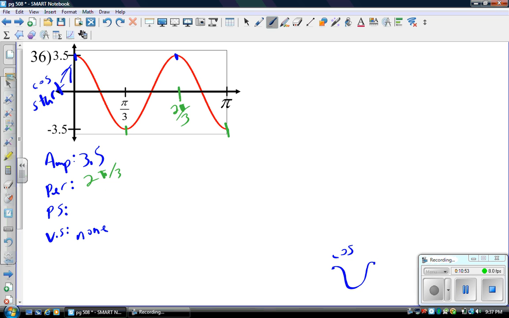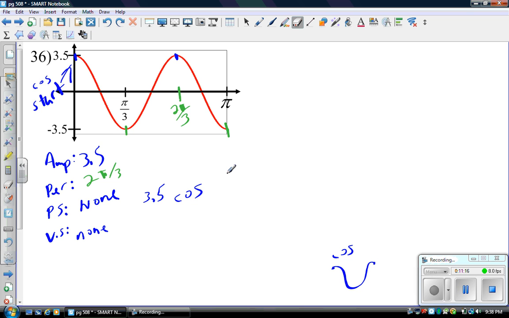According to the cosine one, there is no phase shift. So it's a cosine machine. Amplitude's 3.5, 3.5 in front. I don't have to put a negative out because it is starting up like cosine usually does. There is no phase shift. Oh, excuse me, I don't even need a parenthesis then.